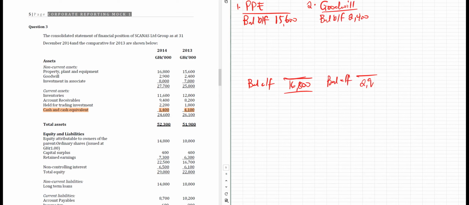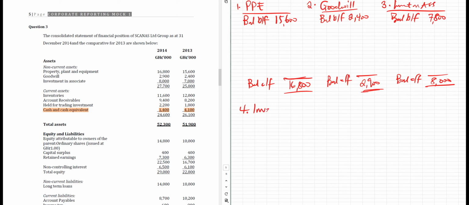Then what's the next one? Investment in associates. Balance brought forward 7,800. Balance carry forward 8,000. Working number 4, inventories.